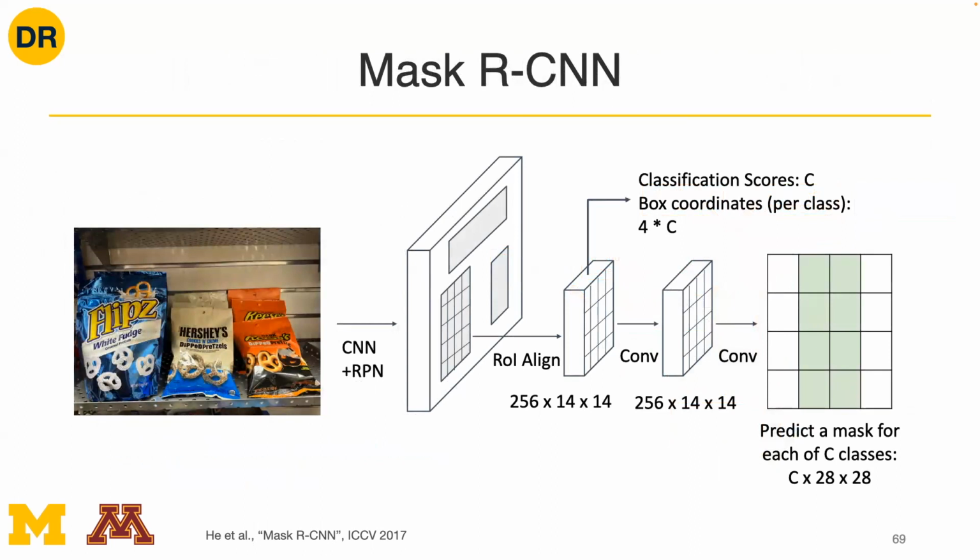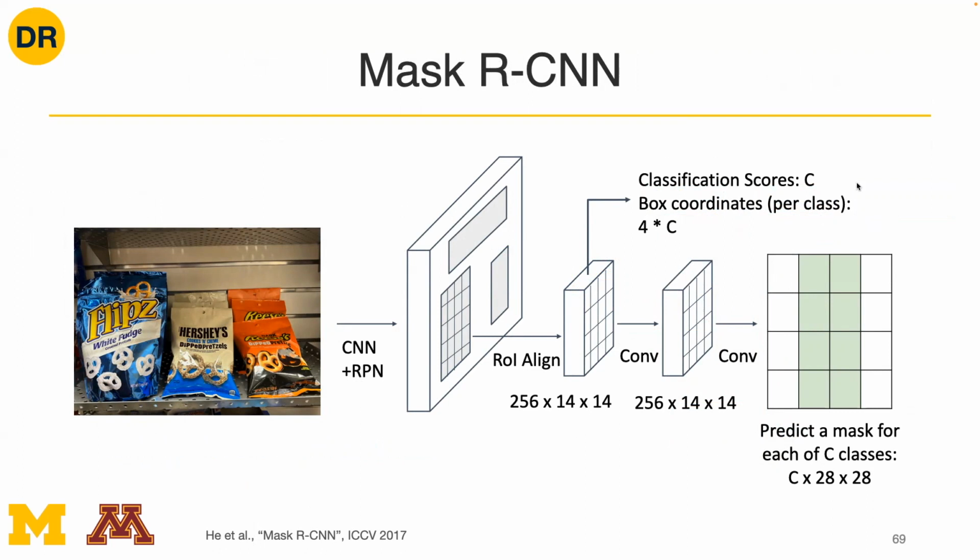So let's say we're given some input image. We first pass it through our convolutional neural network feature extractor. We then go through ROI align. Mask RCNN is the paper that introduced ROI align. Now we're going to have a set of canonical sized feature maps for every region of interest. What faster RCNN was doing was this upper branch: it predicts a classification score for all of those regions of interest, and for each one it predicts bounding box coordinates.